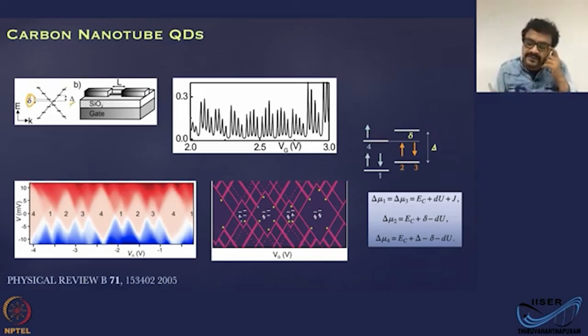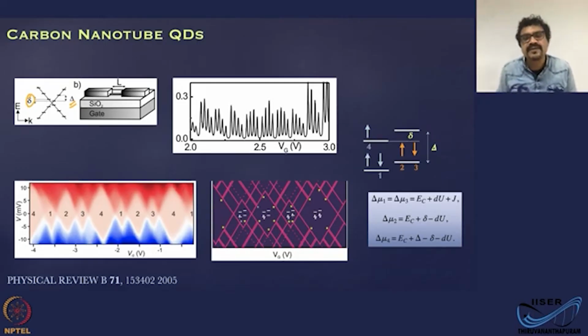So capital delta is the single particle states, but there is an offset between the 2 states, k and k prime, and each of them can actually take 2 electrons, so there will be a total of 4 electrons.